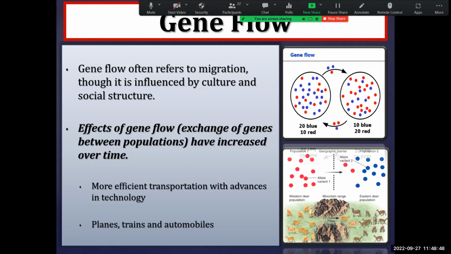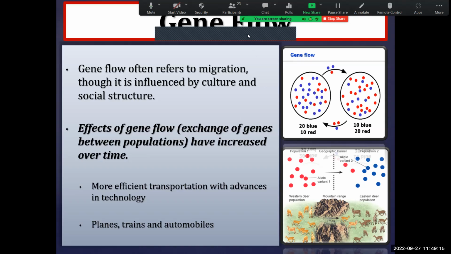So in these pictures here, we've got population 1 and population 2. Population 1 is represented mainly by the red alleles, and population 2 is represented by the blue alleles. We have these two populations of deer, and there's now a pass in between this mountain range. So the western deer population is now able to flow their genes or migrate their genes into the eastern deer population, and vice versa.